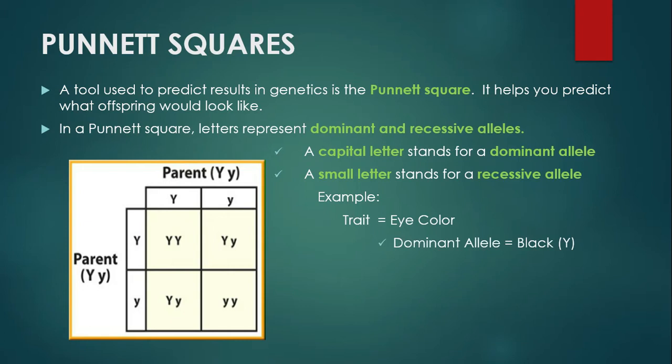To specify the dominant allele, which is black in color, we represent that with a capital letter Y, and a recessive allele, which is brown this time, is represented by a small letter. So that is how we are going to describe that particular eye color with a variable using a Punnett square: a capital letter to represent the dominant allele and a small letter to represent the recessive allele.